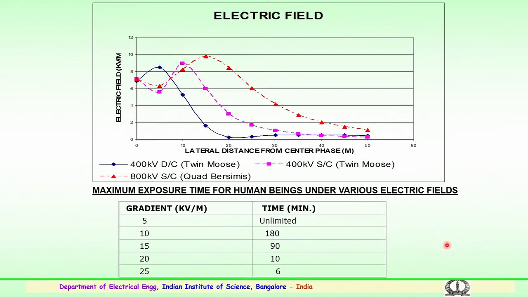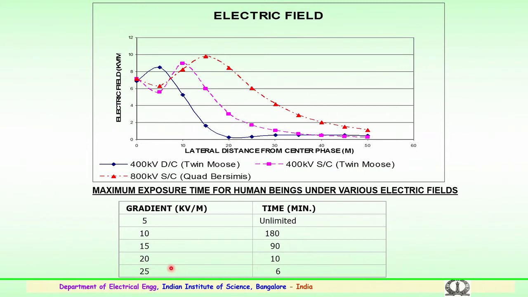Humans could be exposed to fields of 5 kV per meter for a long period of time, and the effect will not be dangerous. In case the gradient is 10 kV per meter, the exposure should not be more than 180 minutes, that is 3 hours.